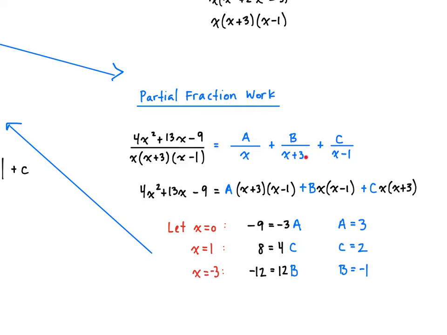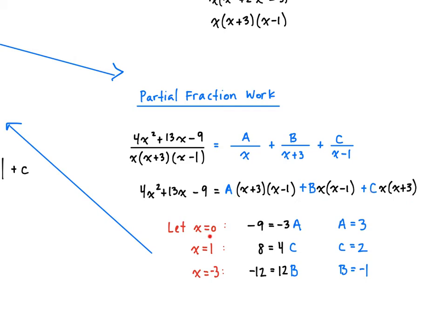Multiplying B over x plus 3 times this quantity, the x plus 3's cancel, leaving us with those 2 factors times B. And similarly with C, the x minus 1's will cancel, and we're left with x and x plus 3. So now we just want to solve for what A, B, and C are.